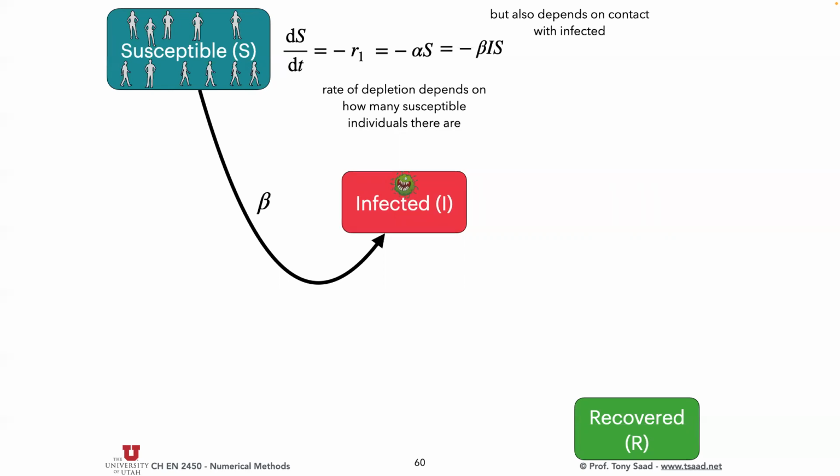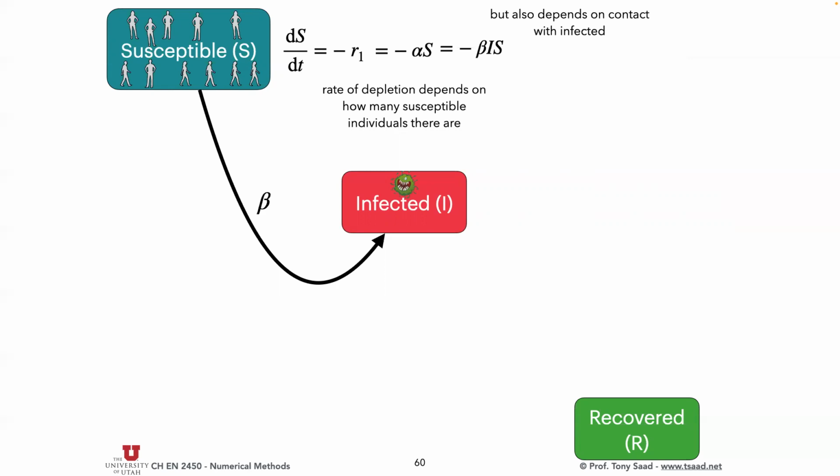So if you have 1 infected person, so 1 I, and 1,000 S, the effect of that 1 I is going to amplify, right? But if you had 1 infected person and 2 susceptibles, there's less risk of contaminating the entire population. So we see this beta times I times S.